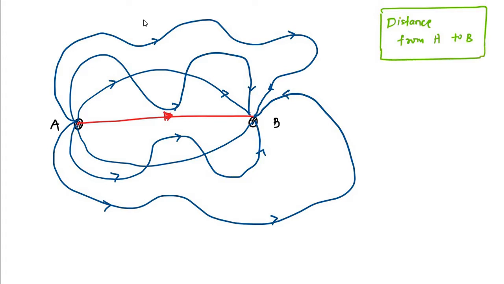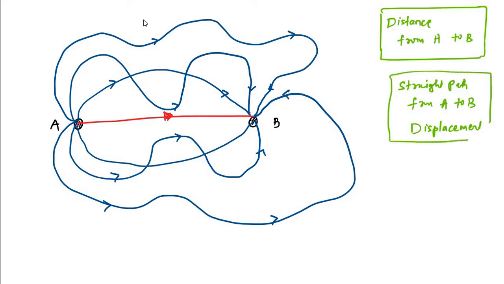The one straightforward path from A to B, the straight path from A to B, that is displacement. Okay, that is displacement.